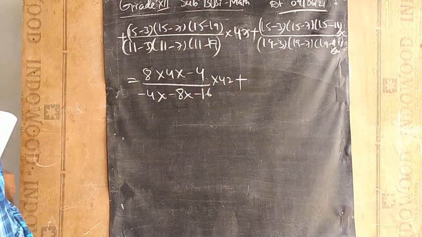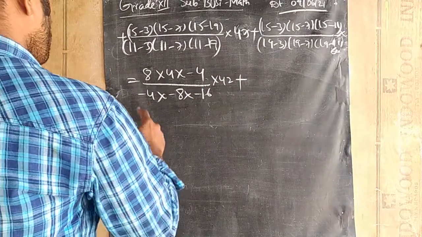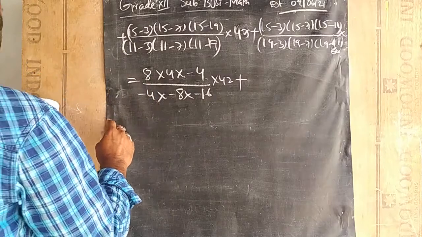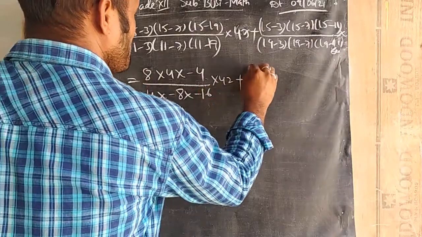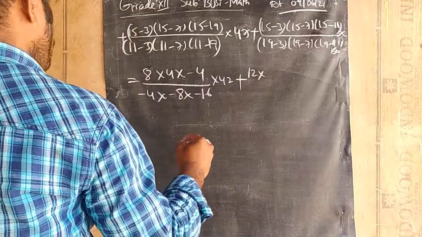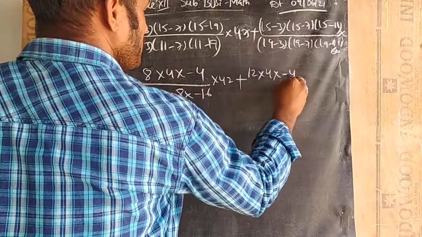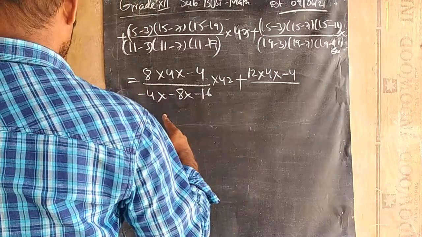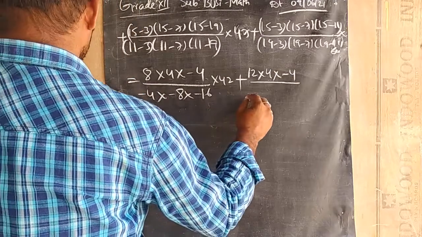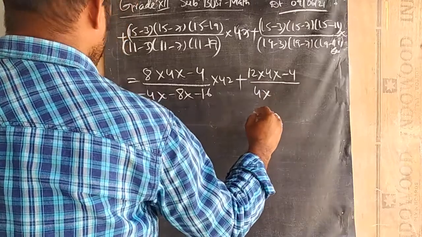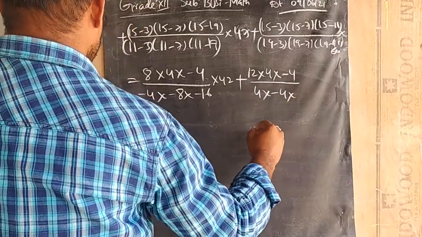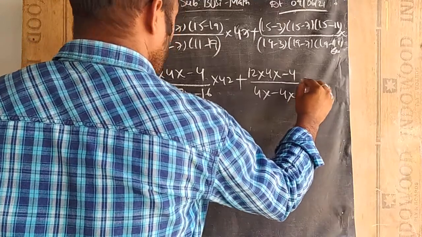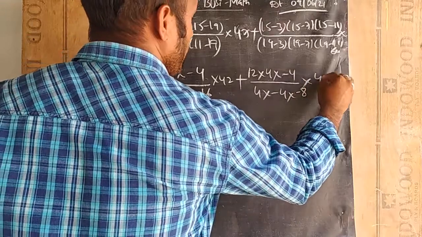Plus next: 15 minus 3 is 12, 15 minus 11 is 4, 15 minus 19 is minus 4, divided by 7 minus 3 is 4, 7 minus 11 minus 4, 7 minus 19 minus 8, into 43.